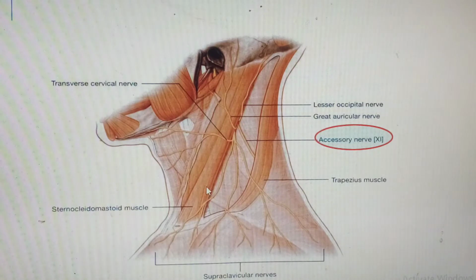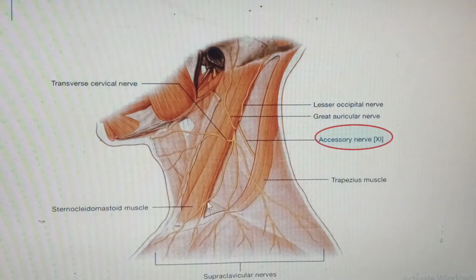Then, the posterior border of the sternocleidomastoid muscle will be forming the anterior boundary of what we call the posterior triangle of the neck. Of course, we know the anterior border is forming the posterior boundary of the anterior triangle of the neck.